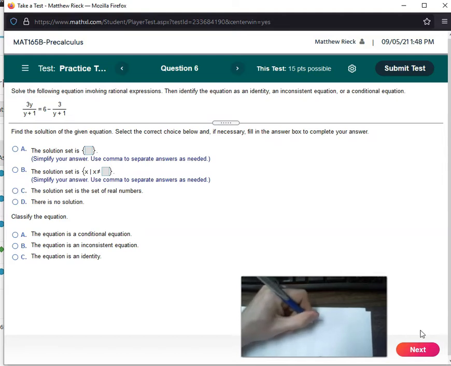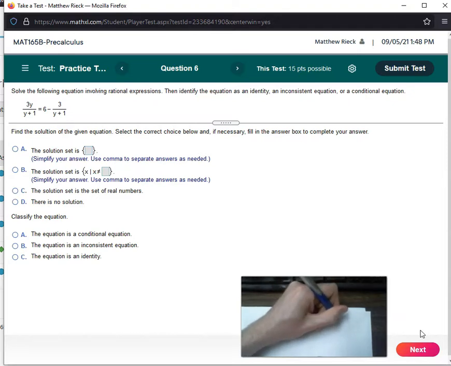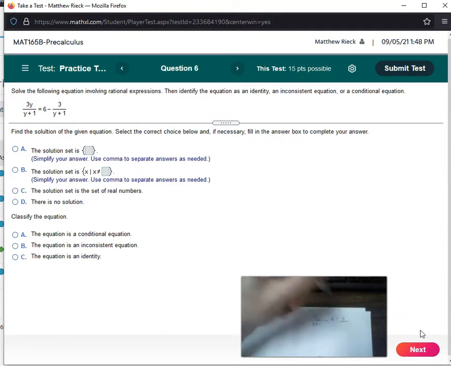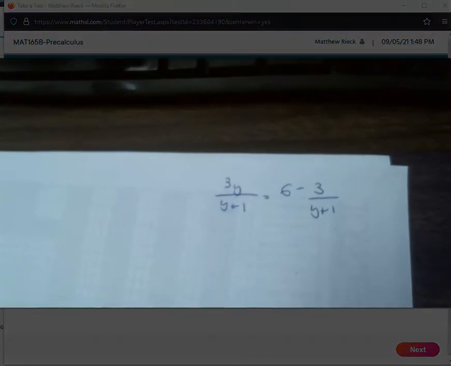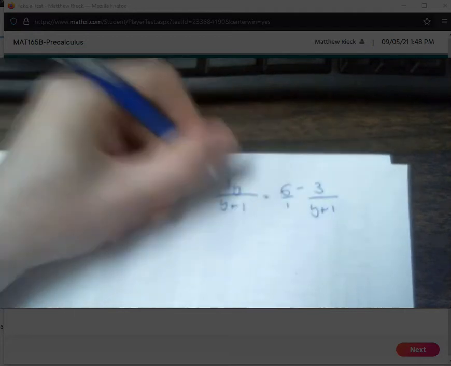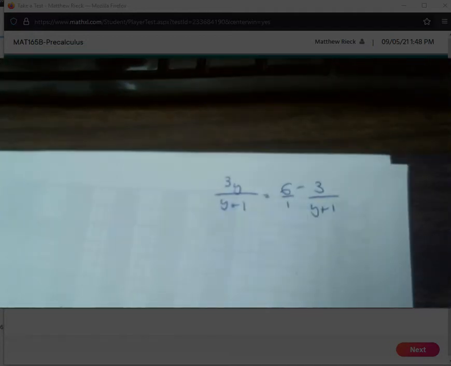y over y plus 1 equals 6 minus 3 over y plus 1. All right, so here we have 3y over y plus 1 equals 6 minus 3 over y plus 1.